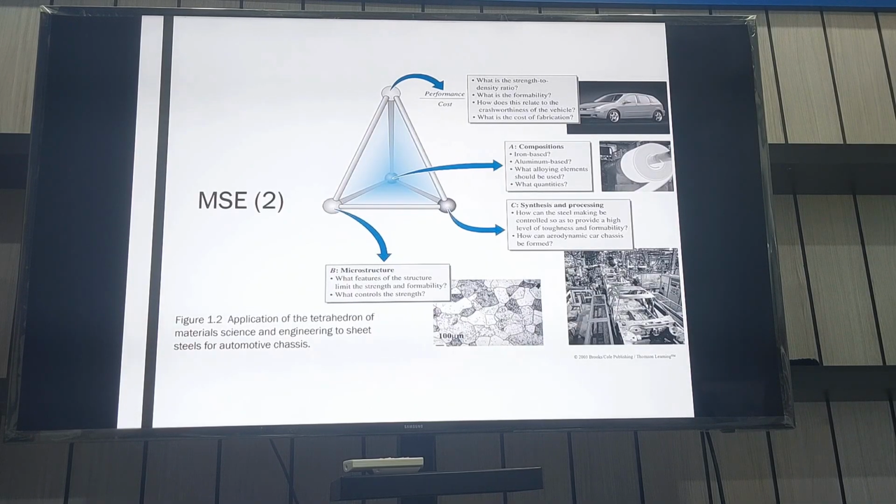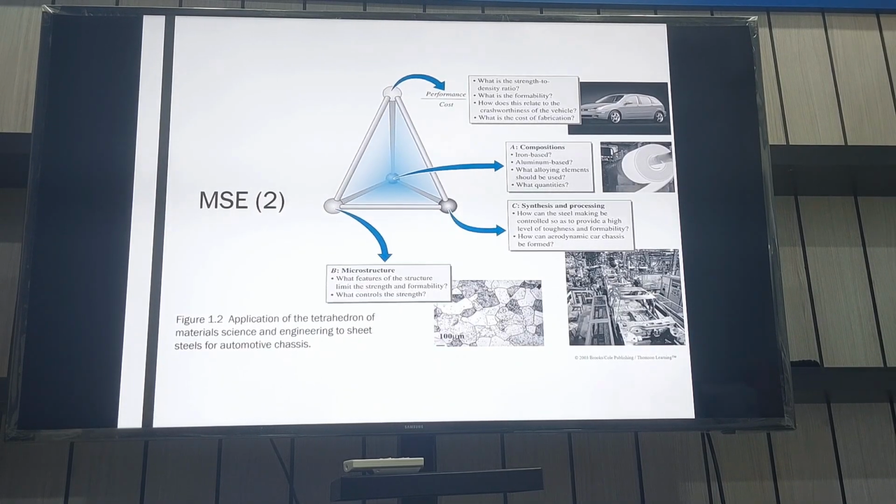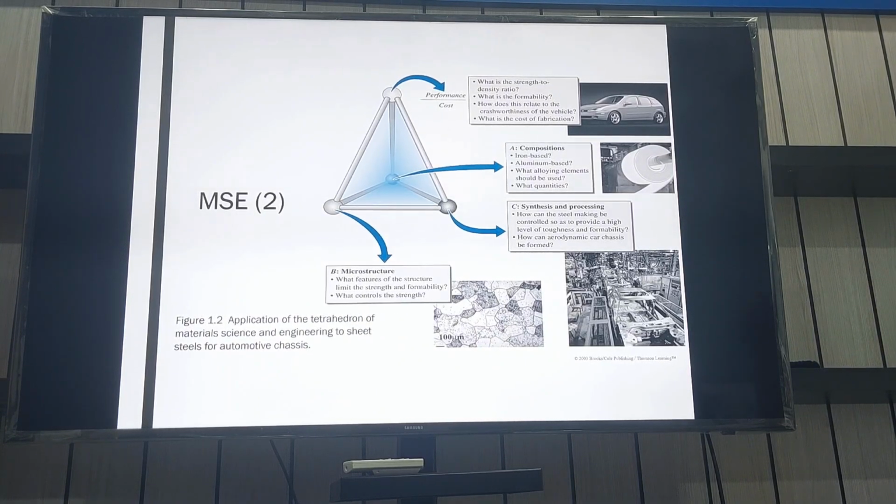The last one: what is the cost of fabrication? Already explained under formability. The effect of the material being easier or more difficult to transform from one shape to another will affect the fabrication cost overall.